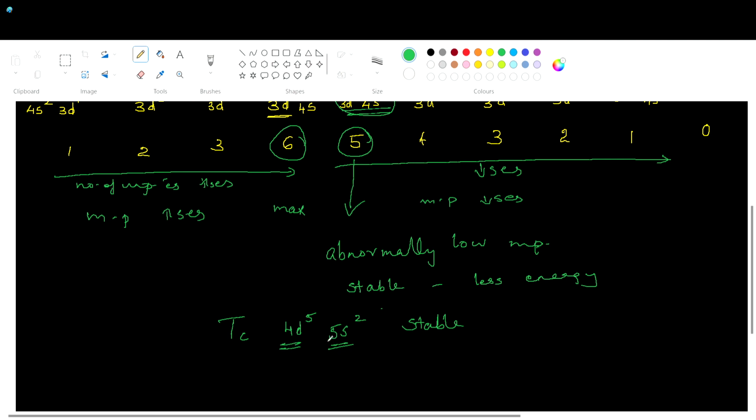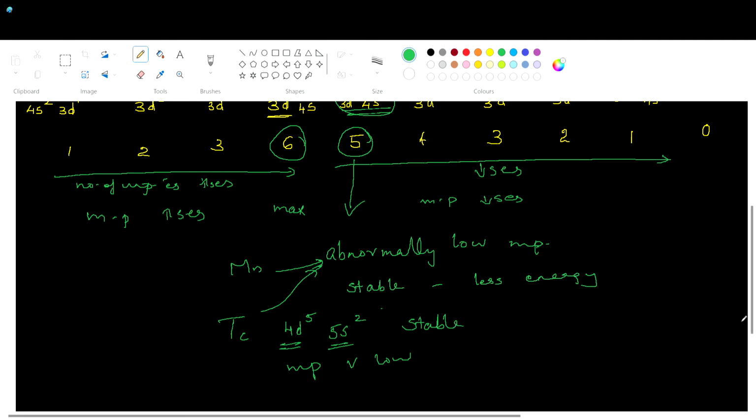These electrons are strongly attracted by the nucleus, so they are not involved in metallic bonding, giving weak metallic bonding. So their melting point is very low. So manganese and technetium show abnormally low melting points because of their stable electronic configuration. The metallic bond is very weak, so they have a low melting point.